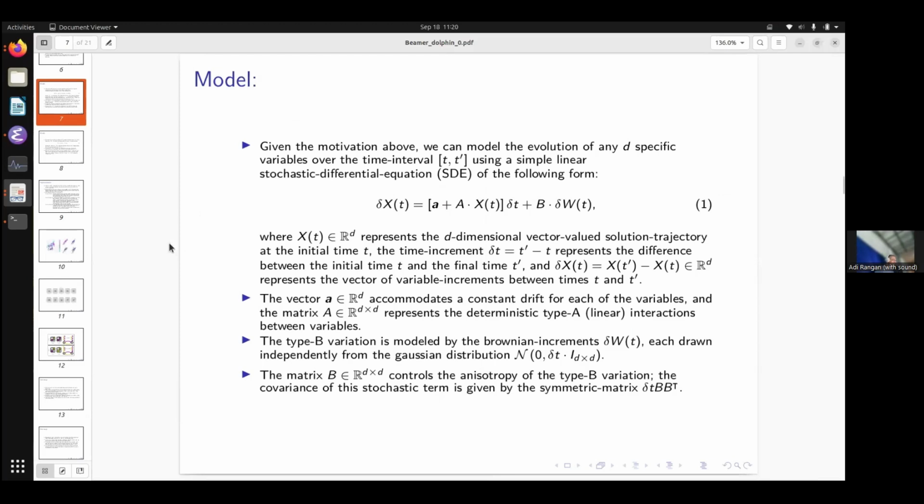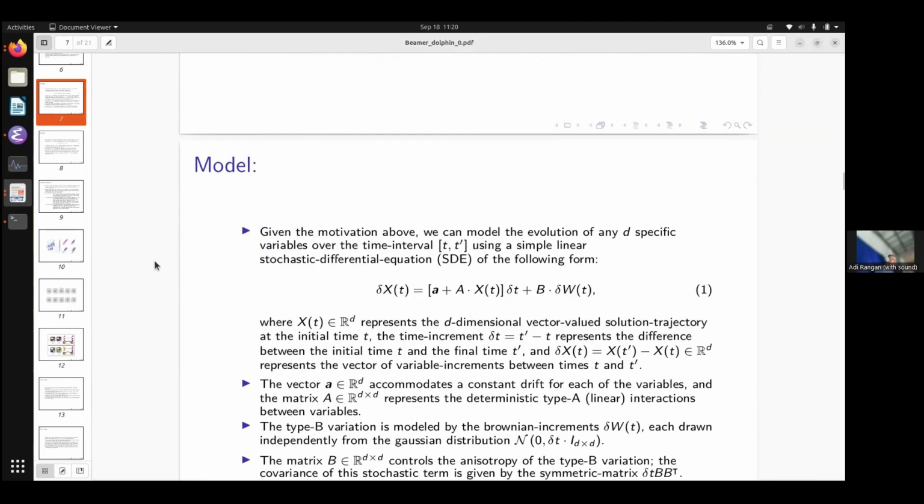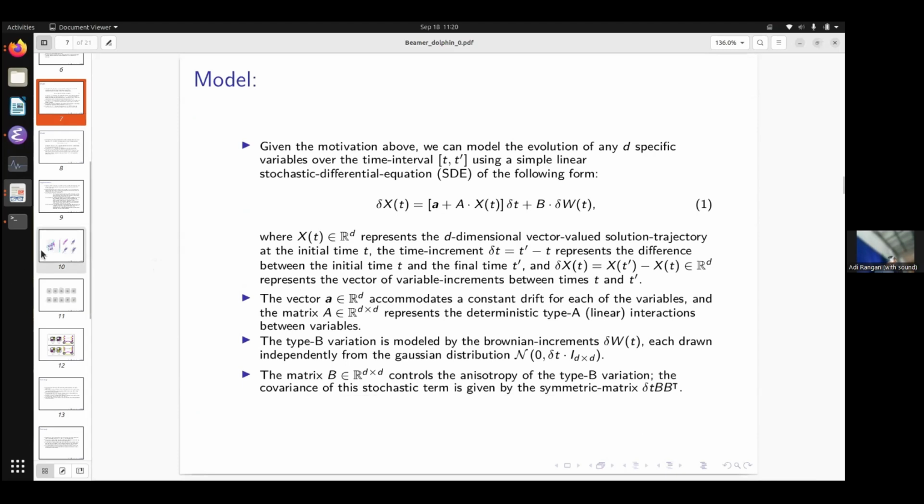Okay. So anyway, that was the upshot of this relatively short project.